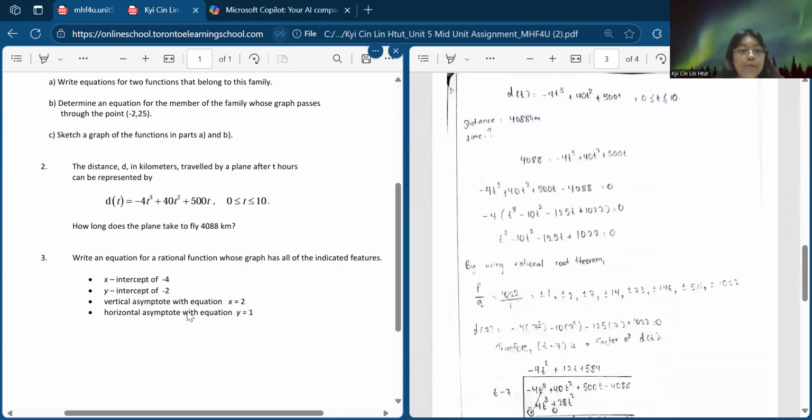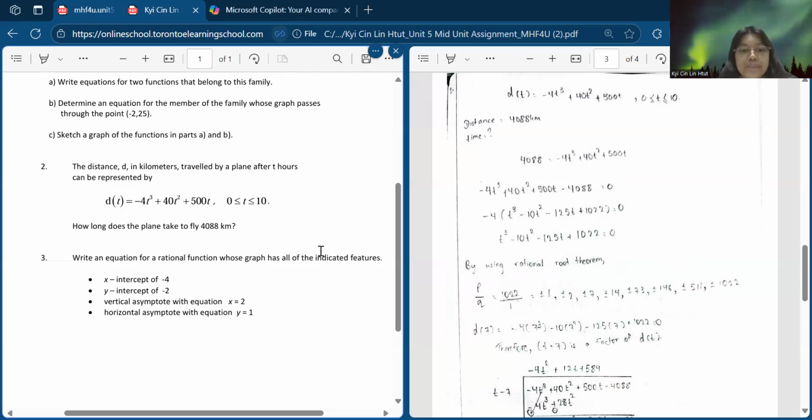Now for number 2, I was given the equation, which is this one. And there is the limit, which is 0 ≤ t ≤ 10. Now I want to know how long the plane takes to fly 4,088 kilometers.